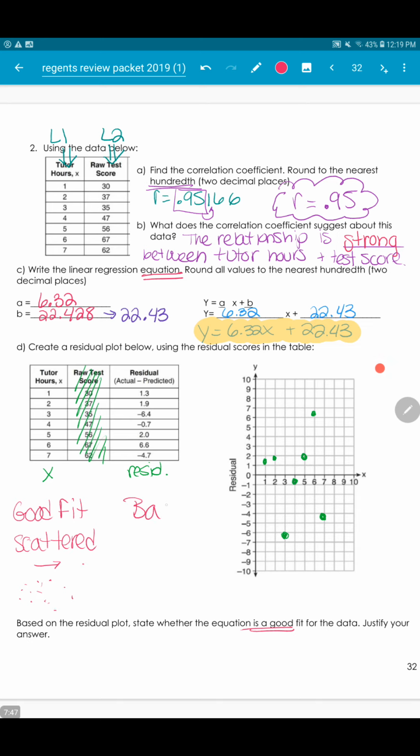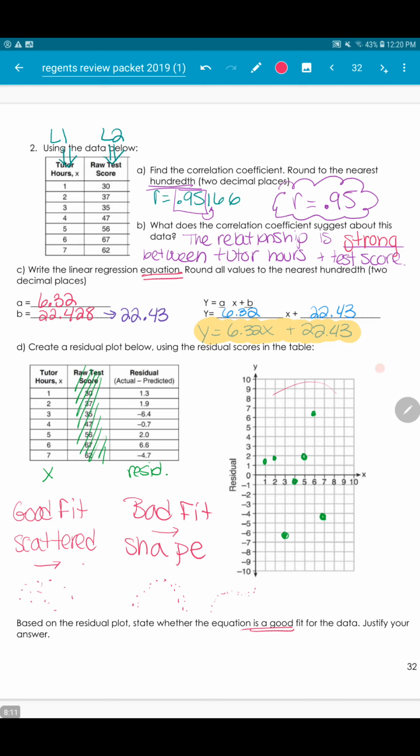If it is a bad fit, it means the residuals, as shown to the right, are in a shape. So maybe the graph looks like a U. Or maybe there's some sort of shape forming with the dots.